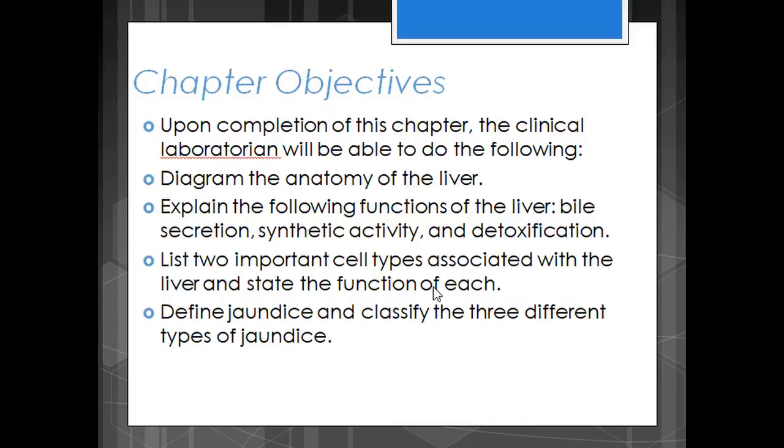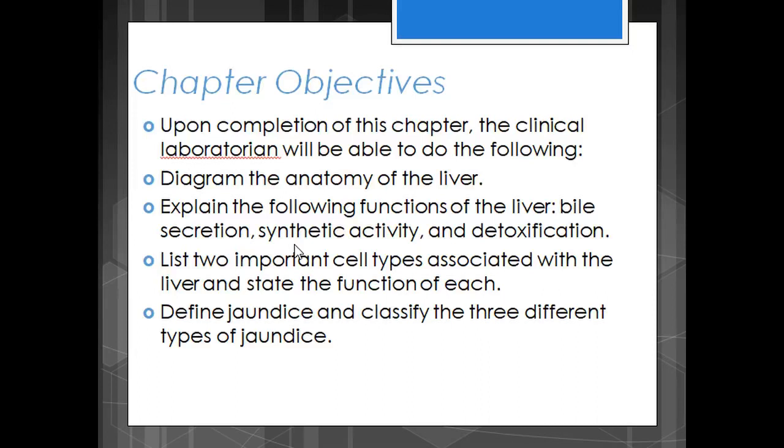The objective of this chapter for you guys is that upon completion, the clinical laboratorian, or you, my dear students, will be able to do the following. First, diagram the anatomy of the liver, the gross anatomy, or you should know where it is located. Explain the functions of the liver: bile secretion, synthetic activity, and detoxification.